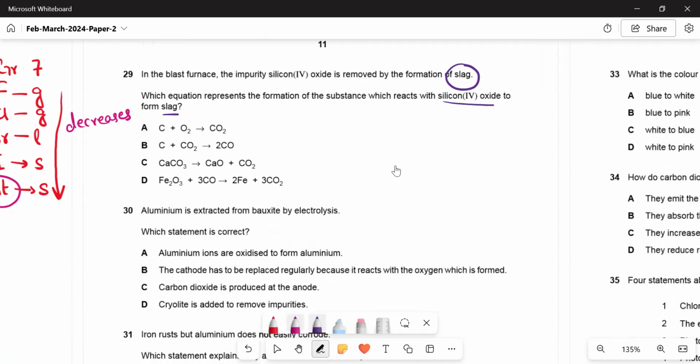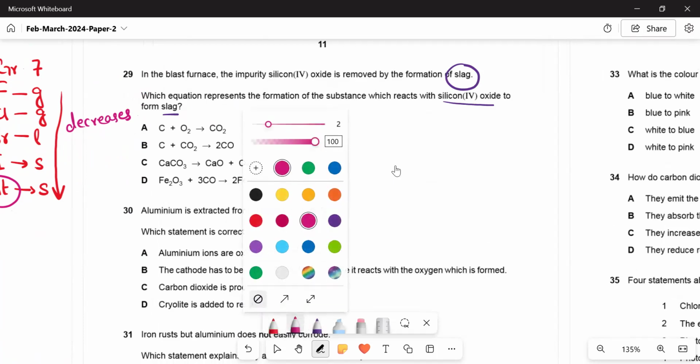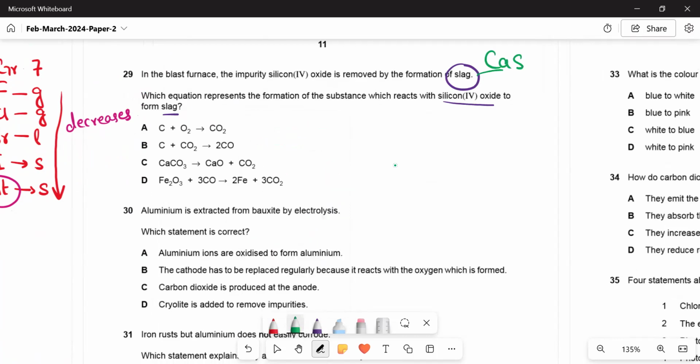Now, in the blast furnace, slag is calcium silicate. CaSiO3 is calcium silicate. Silicate comes from the impurity itself, which is silicon oxide. And where does this calcium come from? This calcium comes from calcium oxide. These two react to form slag.